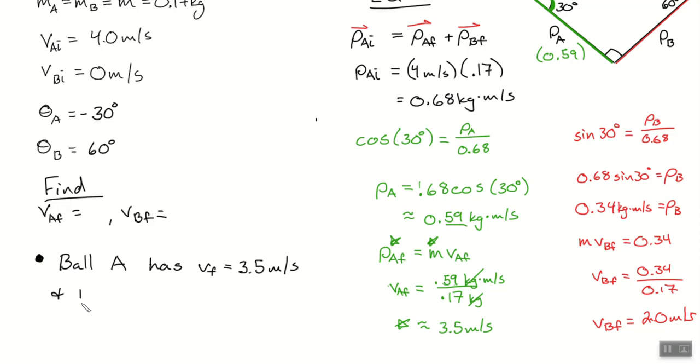And ball B has a final velocity of 2 meters per second. So it worked out. The really cool part about this is that, notice, these are in these directions.